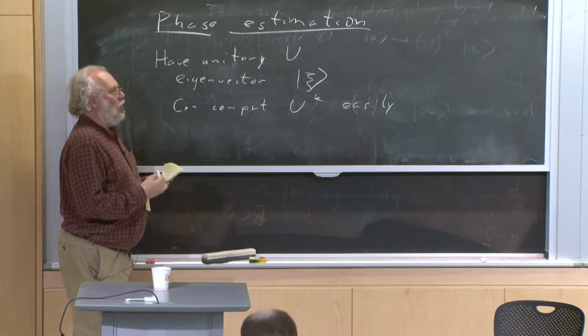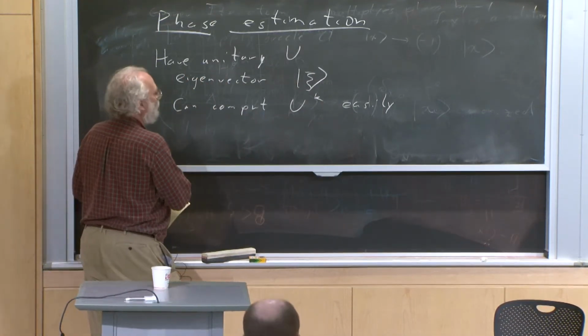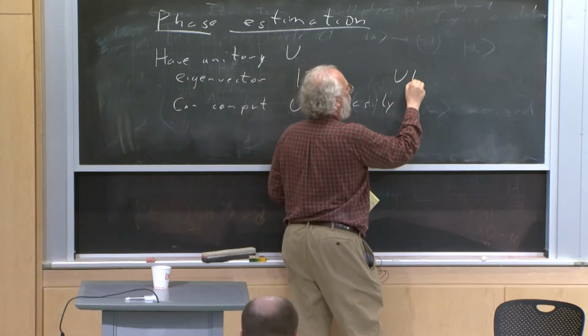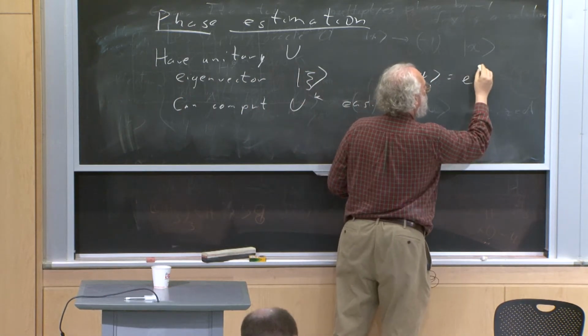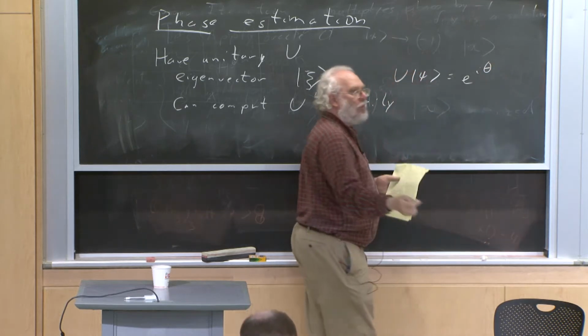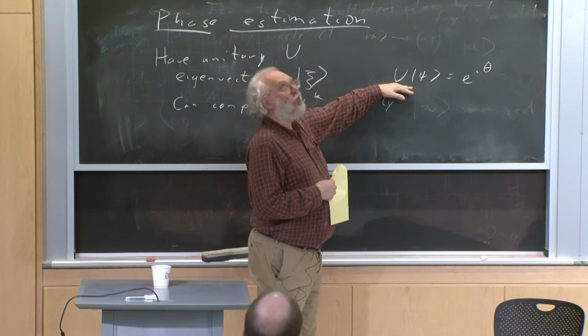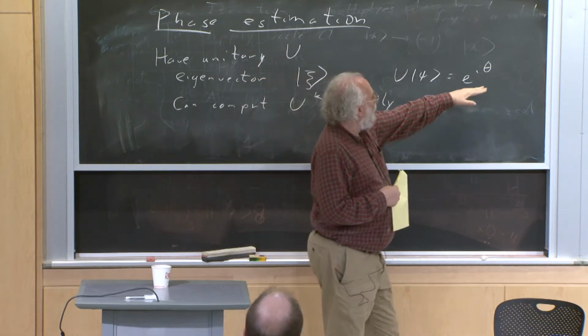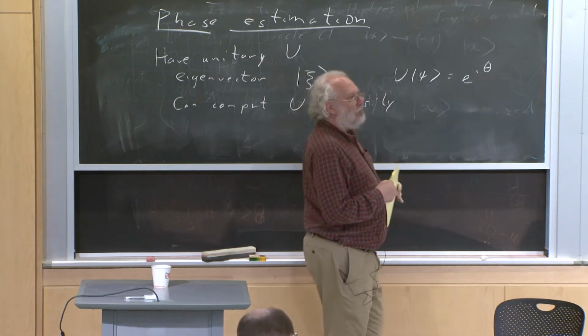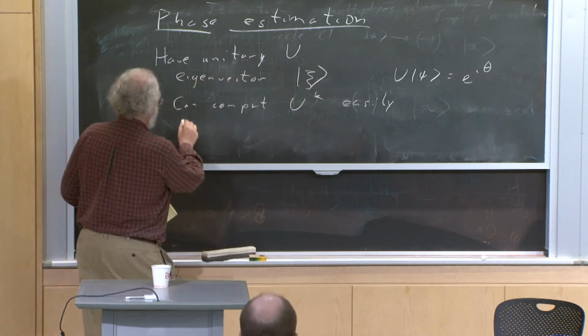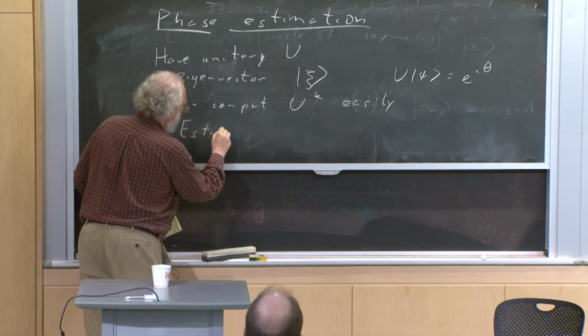We know U psi is equal to e to the i theta psi for some theta, because eigenvalues of unitaries are all unit complex numbers. Estimate theta.